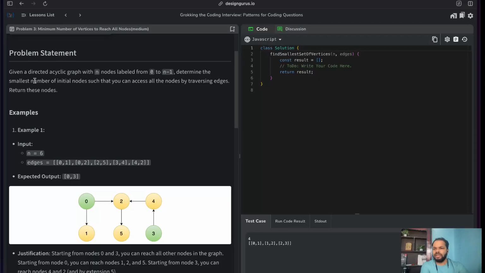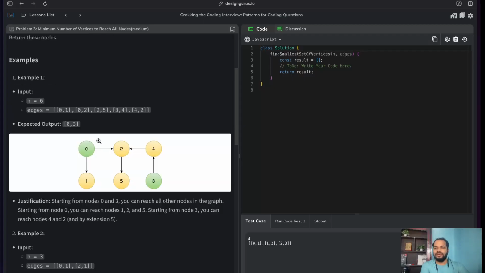What do you think? Given a directed acyclic graph with n nodes labeled from 0 to n minus 1, determine the smallest number of initial nodes such that you can access all the nodes by traversing edges. Return these nodes.